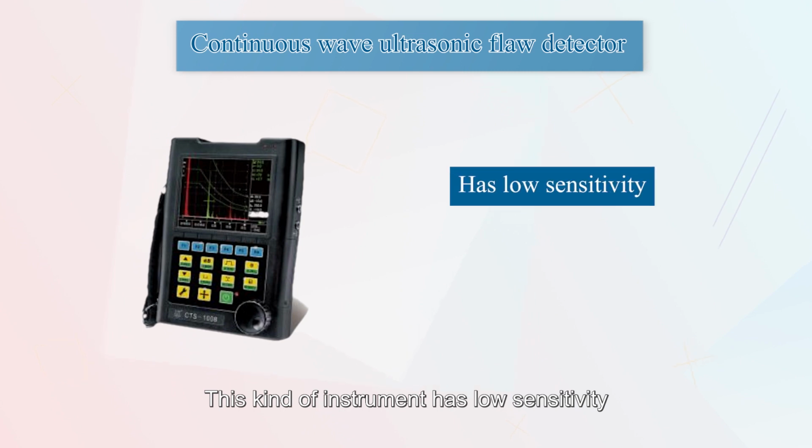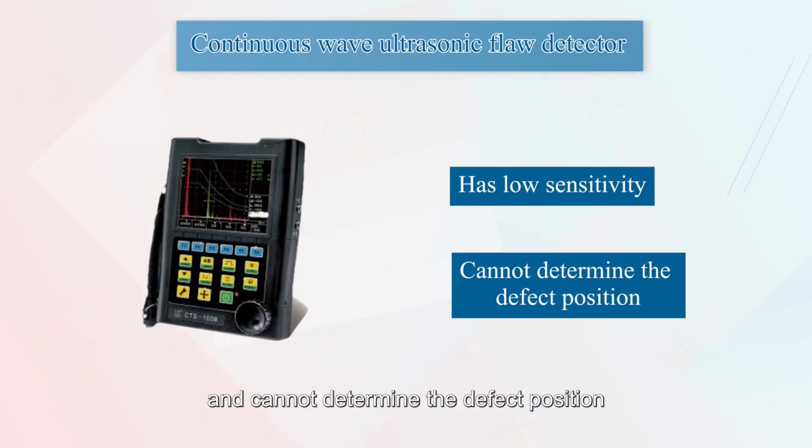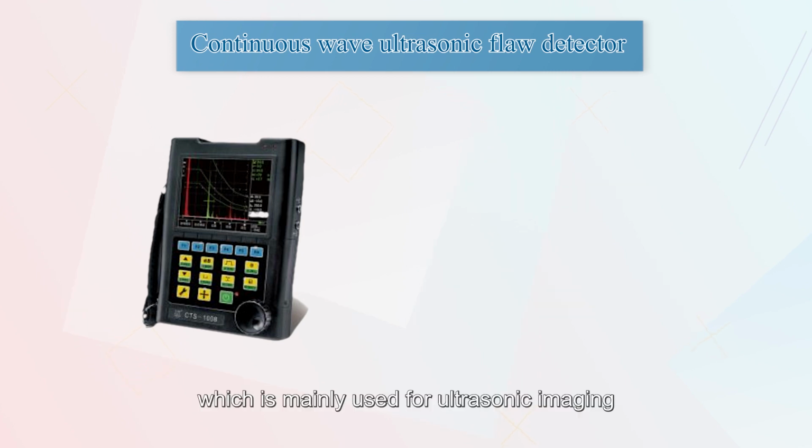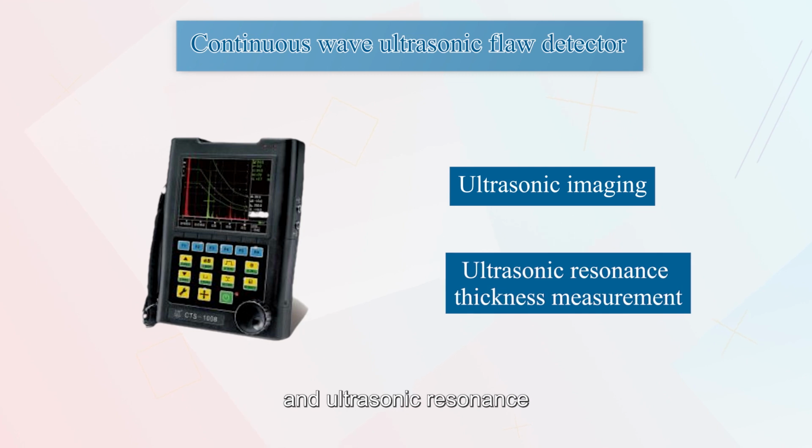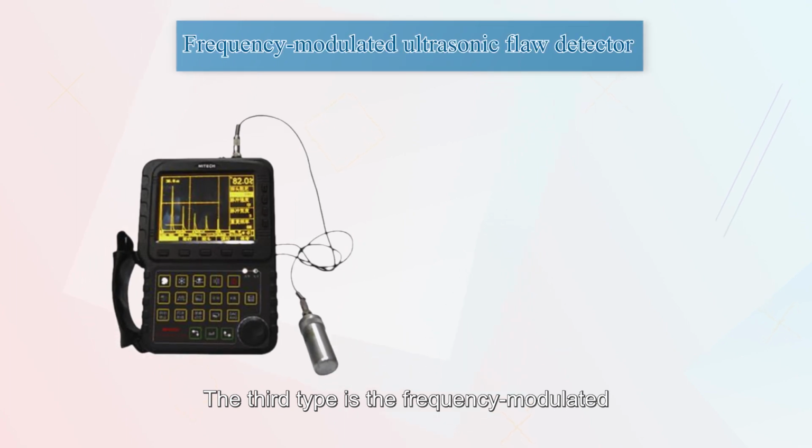This kind of instrument has low sensitivity and cannot determine the defect position. It is gradually being replaced by pulse wave flaw detectors, and is mainly used for ultrasonic imaging and ultrasonic resonance thickness measurement. The third type is the frequency modulated ultrasonic flaw detector.